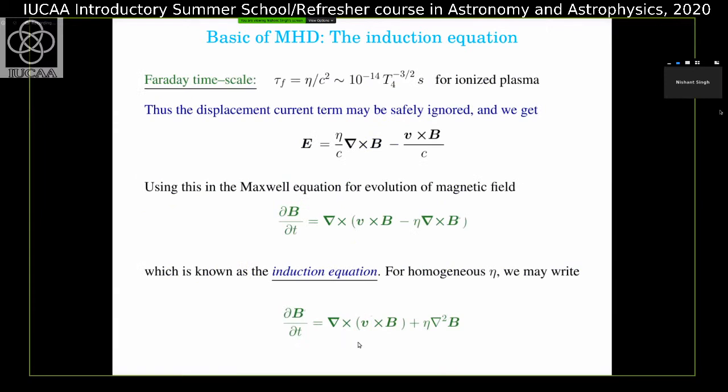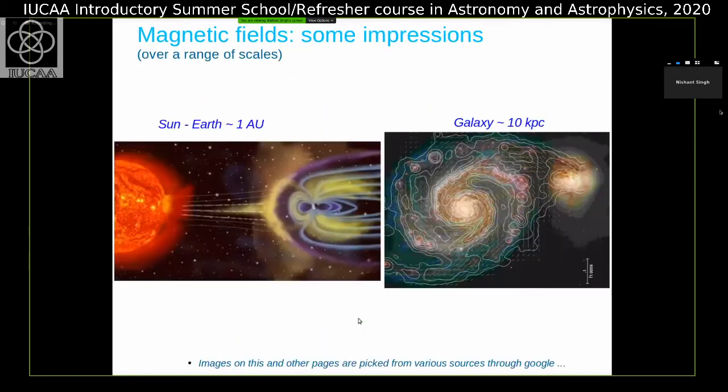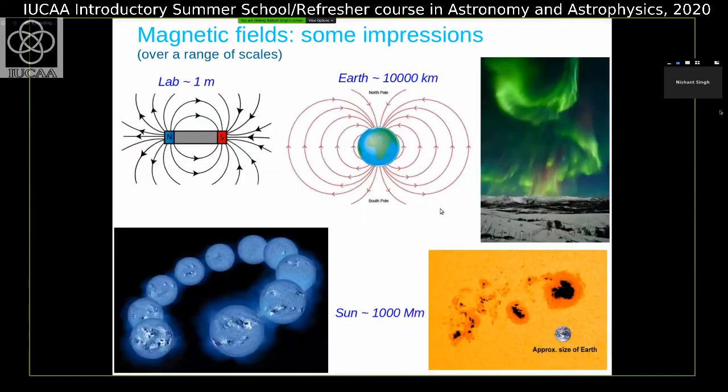But given that the plasma or the medium in the universe is highly turbulent, you get corrections to these diffusion quantities, and you find that the turbulence will lead to much faster decay of the magnetic field. And unless supported by some sort of a dynamo, one cannot maintain or observe a magnetic field. So this remains an active area of research today, what is essentially driving all these magnetic fields on different scales.